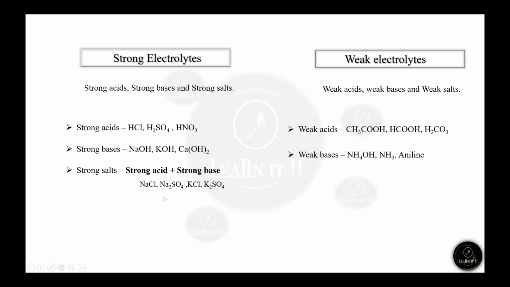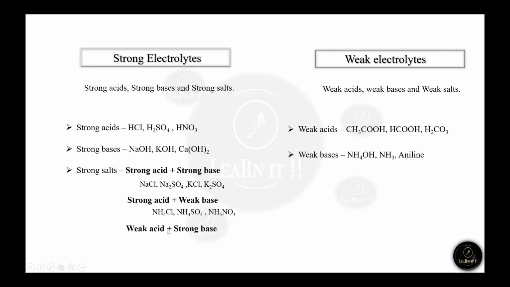Salts of strong acid and weak base are also strong salts. Examples include ammonium chloride, ammonium sulfate, ammonium nitrate. These compounds are made up of strong acid and weak base. That's why they are strong salts.